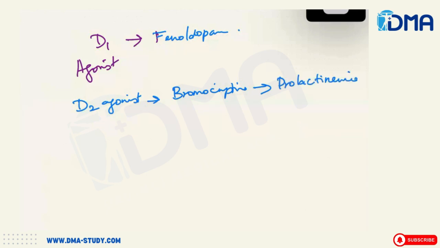It is used in the treatment of prolactinemia and it is also used in Parkinsonism. I remember it as BP and another P. Too much of increased BP, so BPP. So bromocriptine: prolactinemia and Parkinson's syndrome. So this is what is regarding the agonists.